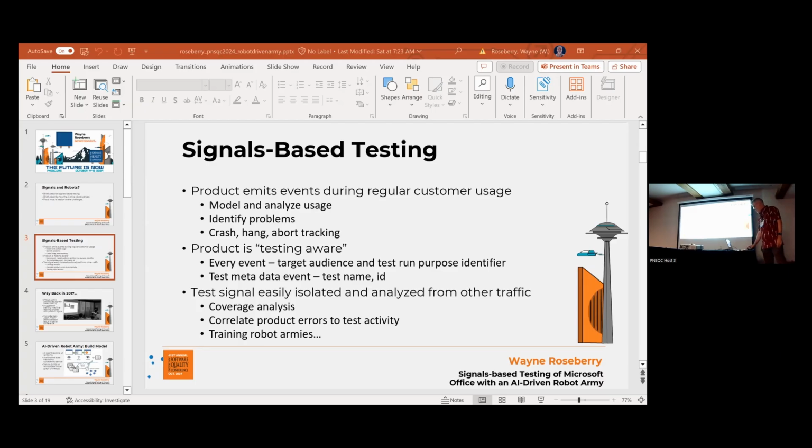So the next thing that we do is we train the army. This goes back to the signals thing on the first tab. We're watching the signals coming out of this activity. And we're looking in those signals for things that we want to reward the agents for finding. You just clicked the bold button. You just went into print merge.